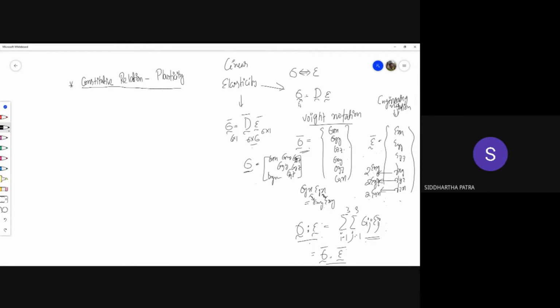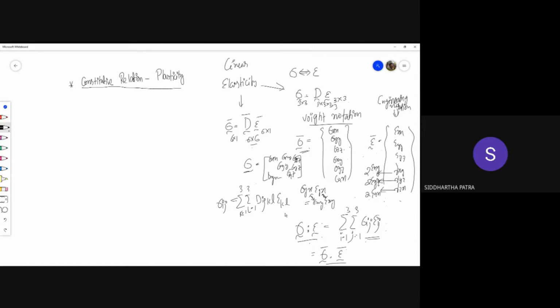But if it is like 3 by 3 matrix form instead of the Voigt form, so in that case it's a 3 by 3 by 3 by 3 fourth order tensor. Or in other words, sigma ij is summation over k, summation over l, going from 1 to 3 each, D ijkl times epsilon kl.